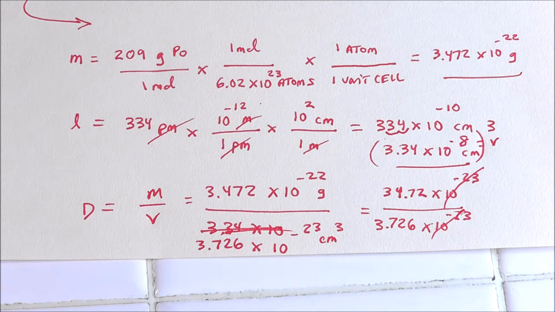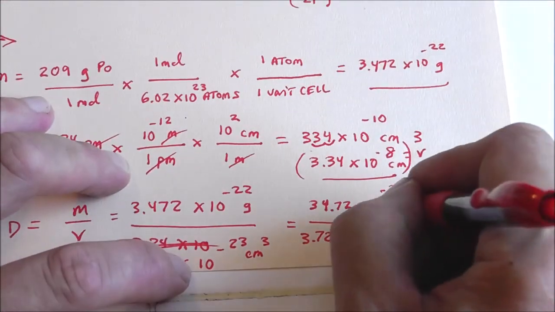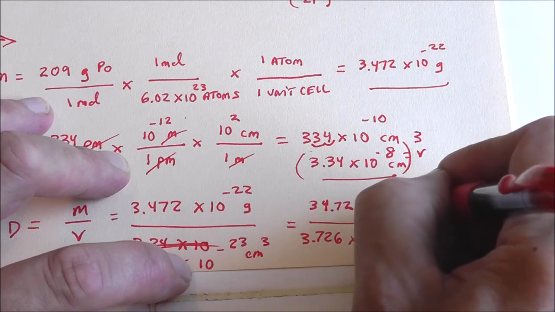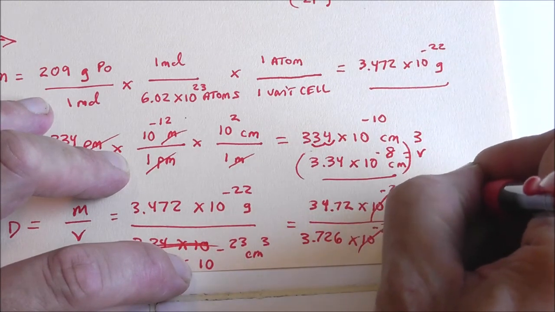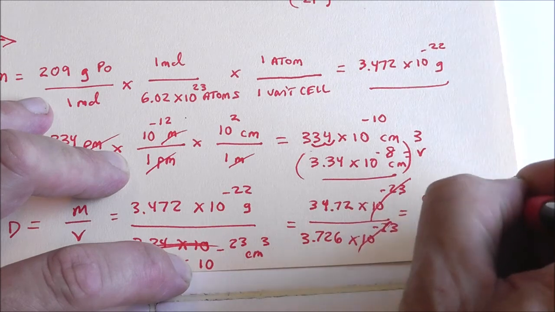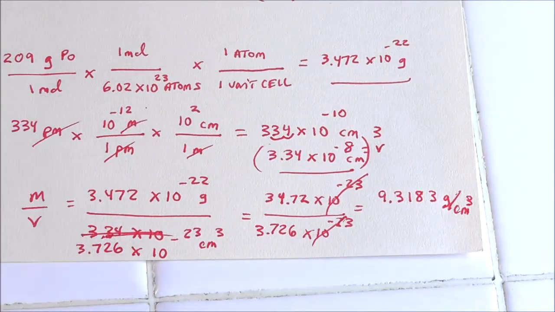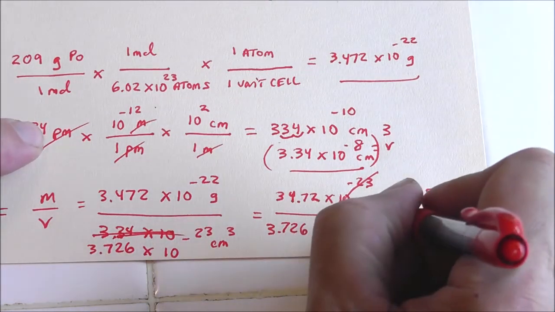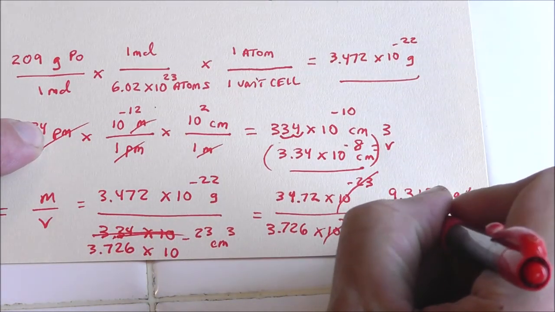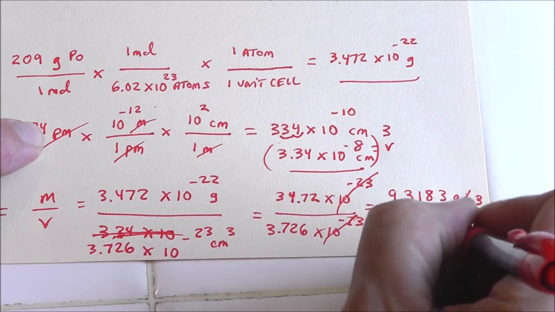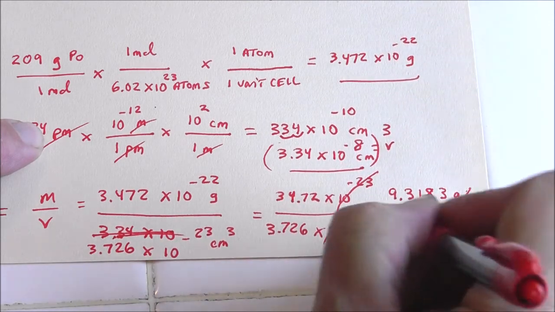And that would be 9.3183 grams per centimeter cubed. All right, now I know this is sucking all the fun out of it, but the only number we were given in that problem had 3 digits. So I'm going to round that to 3 digits. 9.32 grams per centimeter cubed.